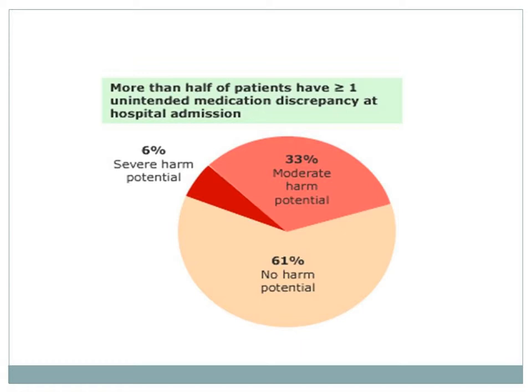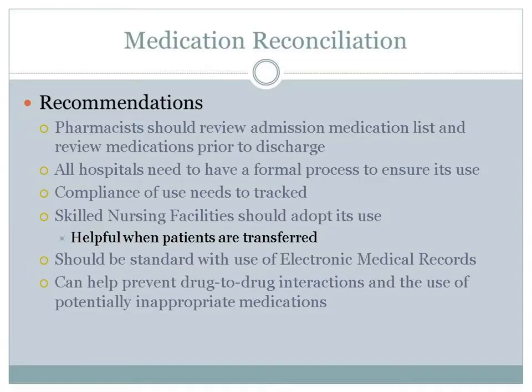So the recommendations for the medication reconciliation form is that pharmacists need to be involved within the clinical team. We're going to talk about pharmacists' roles in a little while, but with the pharmacists getting involved, hospitals need to have a formal process to ensure that these lists are being produced, and they're being used properly.